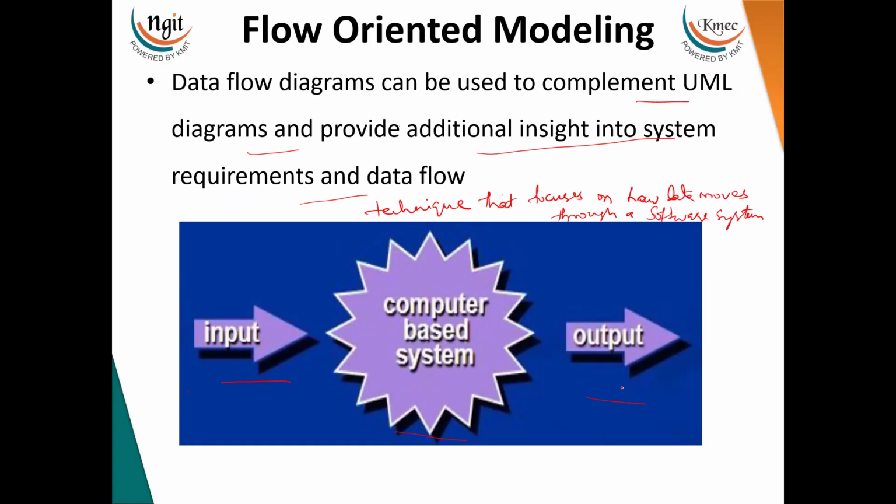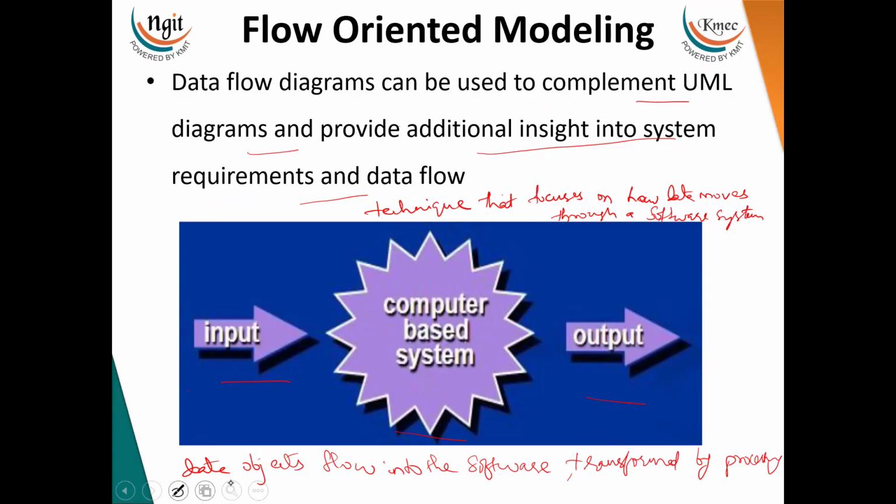Understood? This means the data objects will flow into the software and be transformed by processing elements, and the resultant data objects flow out of the software.